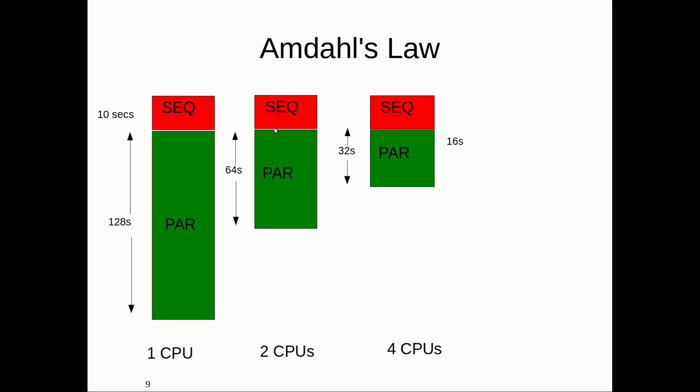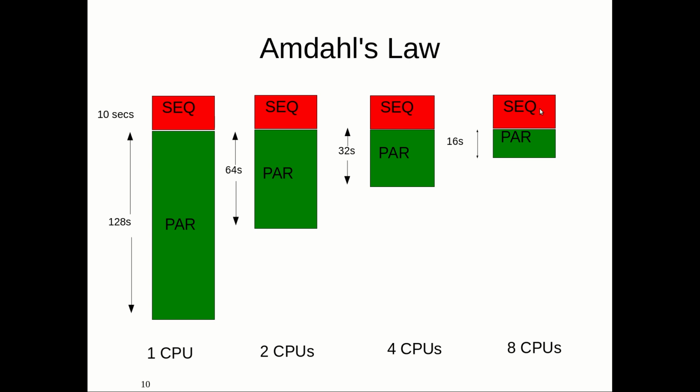If we continue doing that, so instead of two CPUs we use four CPUs, you can see that again the parallel part is cut by half, but the sequential part remains constant at 10 seconds. So now the sequential part takes up almost as much time as the parallel part. And finally, if we use 8 CPUs, the parallel part now takes 16 seconds and the sequential part still takes 10 seconds.